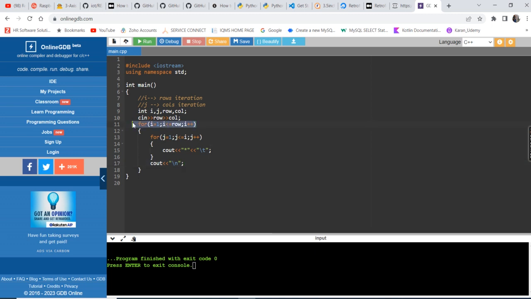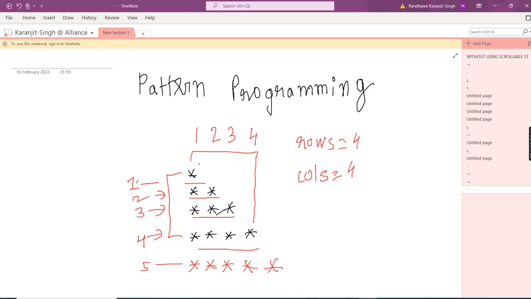So first row, first column, and the number of columns are depending upon the number of rows, right?